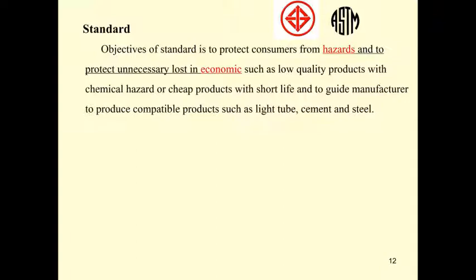For example, if you buy concrete with 320 kg per square centimeter, or 32 megapascal strength, and then you get substandard concrete with a strength of 240 kg per square centimeter, or 24 megapascal. What happens?